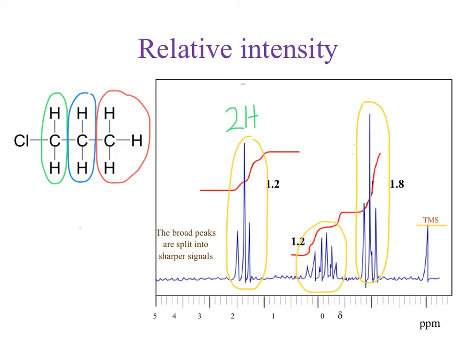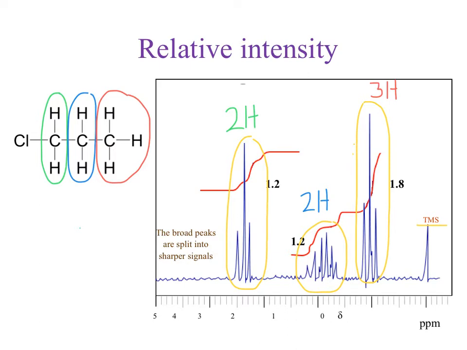Then the peak next to that is the peak with the second greatest chemical shift, and it's caused by these 2 blue hydrogens. Then the peak caused by the 3 hydrogens, furthest away from this electronegative chlorine, has the lowest chemical shift. This peak is caused by these 3 hydrogens.